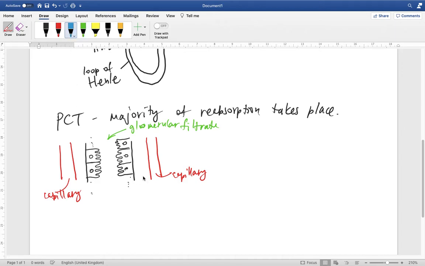So in this space you will have just fluid, so-called interstitial fluid, right?